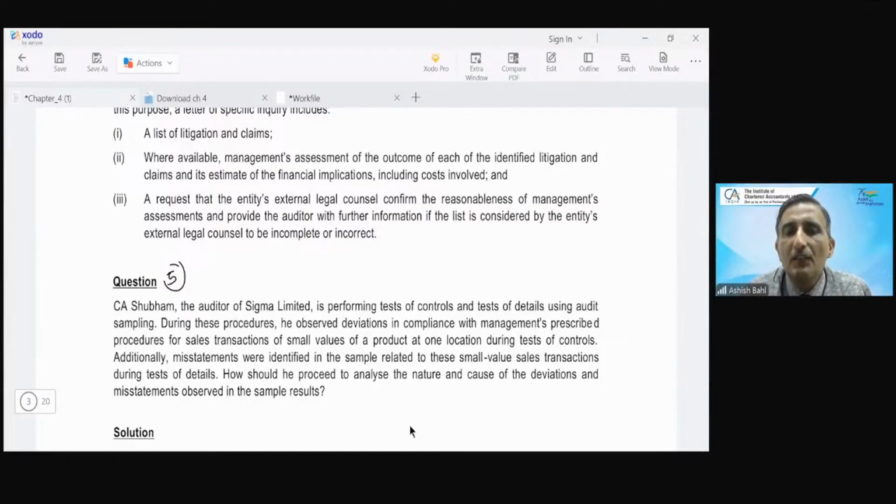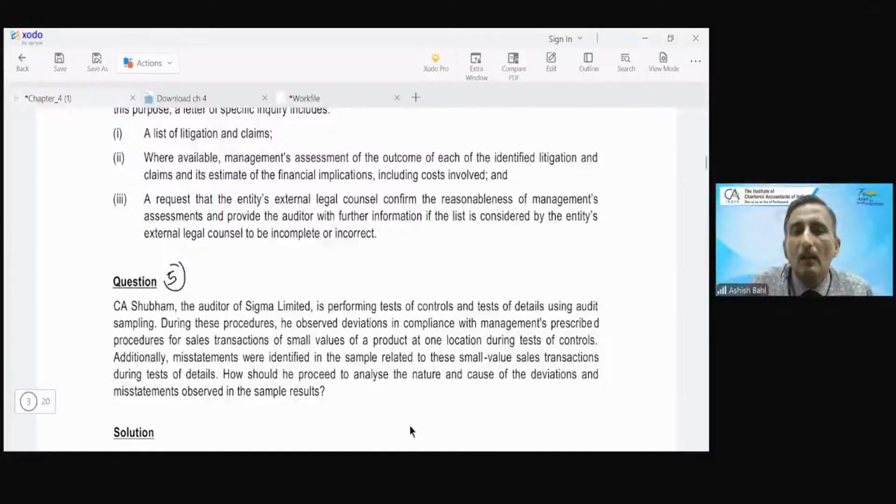See this question. CA Shubham, the auditor of Sigma Limited, is performing tests of controls and tests of details using audit sampling. As you know, deviation is a term used in the context of controls, and misstatement is a term used in the context of tests of details.